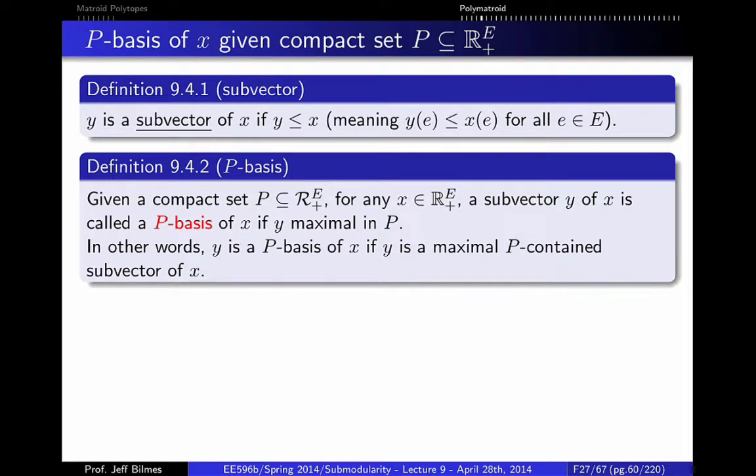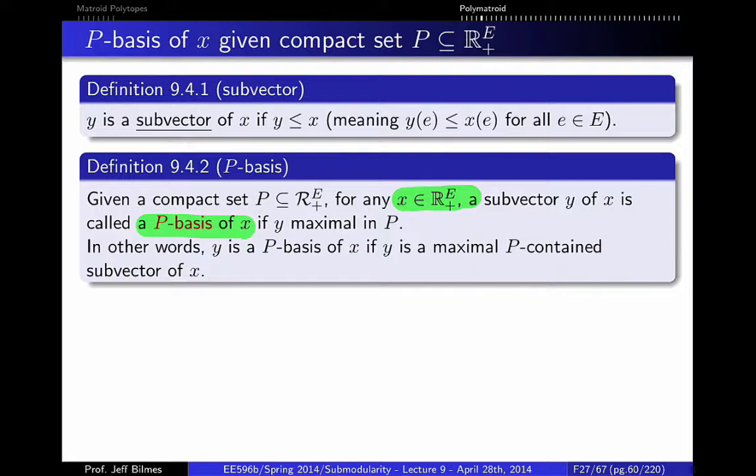So now the notion of a P-basis sort of combines maximality with subvector. So we've got a compact set P, okay, and we pick any x, and what we're going to say is a subvector y of x is called a P-basis of x if y is maximal in P. So first of all, it has to have two properties.